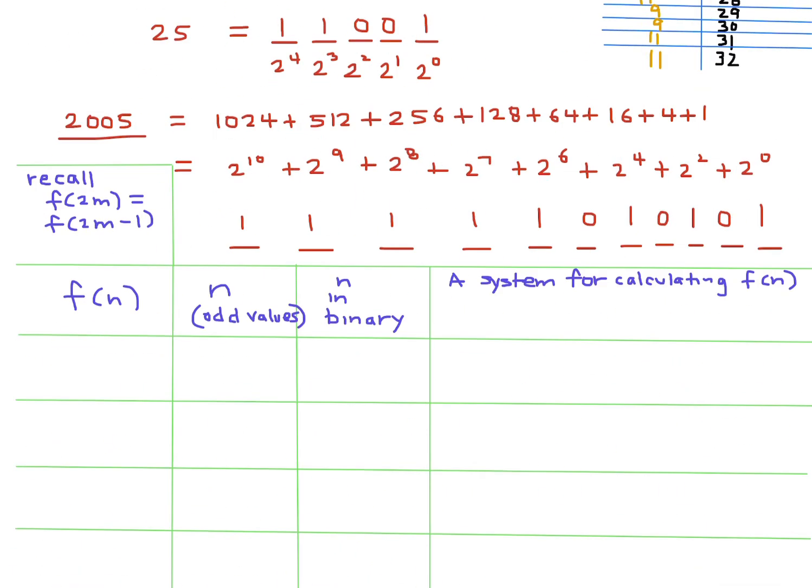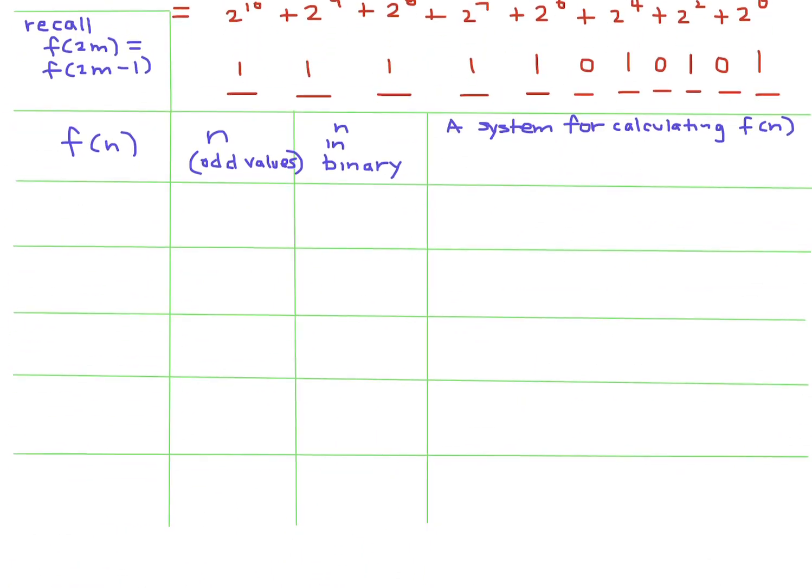I'm going to use those four in my table to try to get some sort of pattern or system. So here we go. 7, 13, 27, and it was f at 50, right? So 50. And the values for f at n were 3, 9, 11, and 33. Now, before I proceed, remember I can only use odd values, because that's what I'm trying to base my system on. 50 is not an odd number, it's an even number.